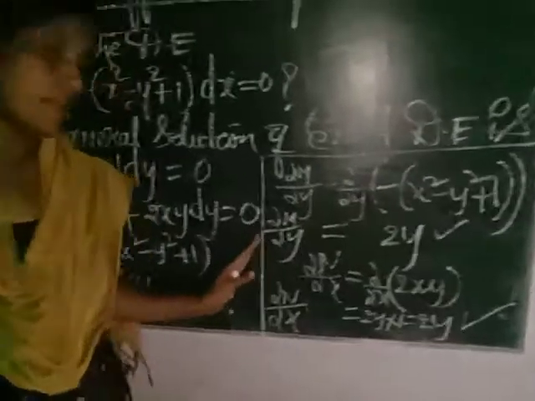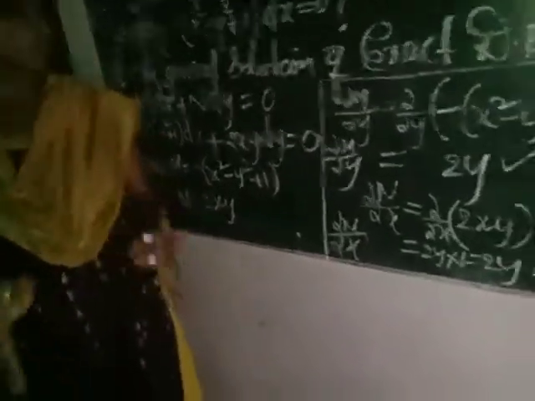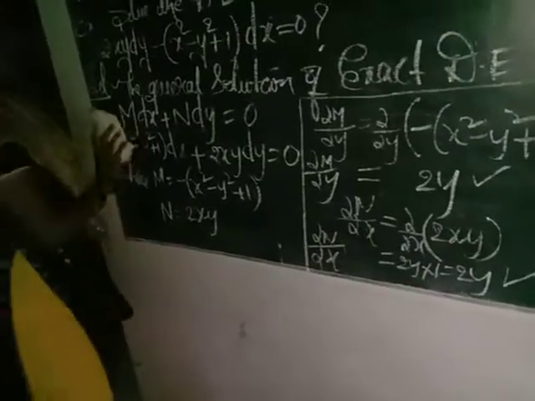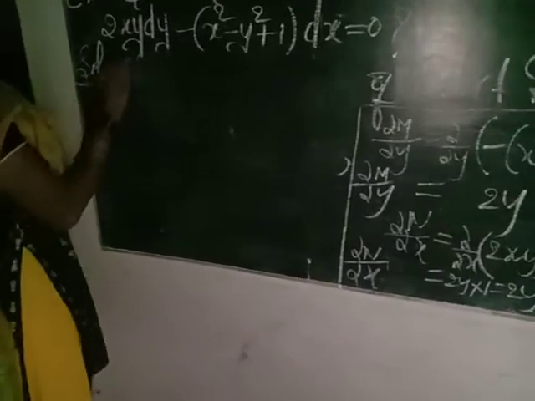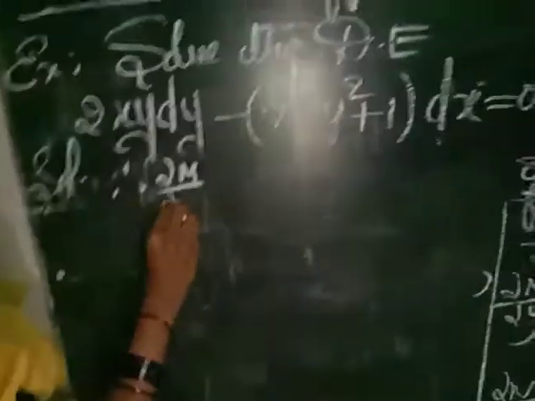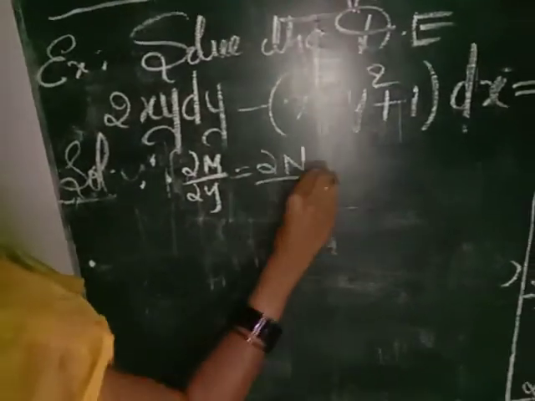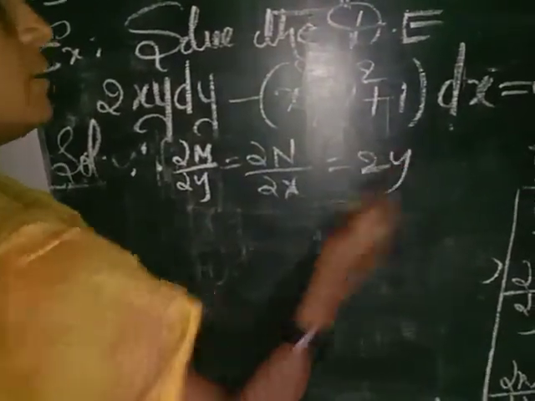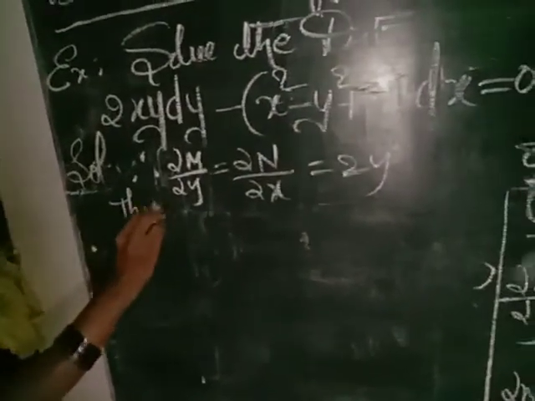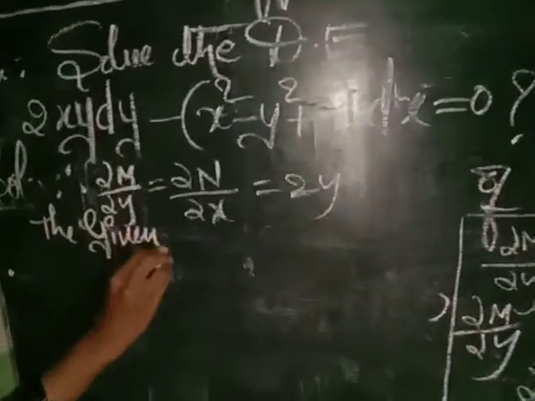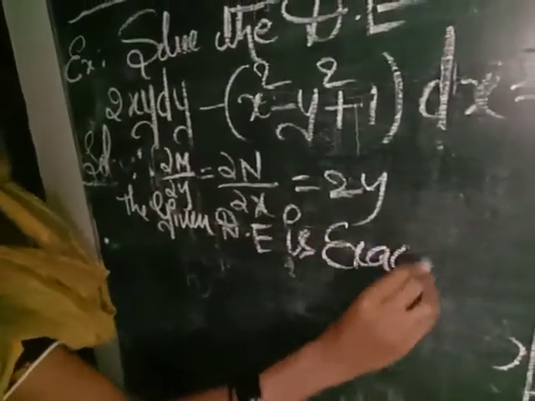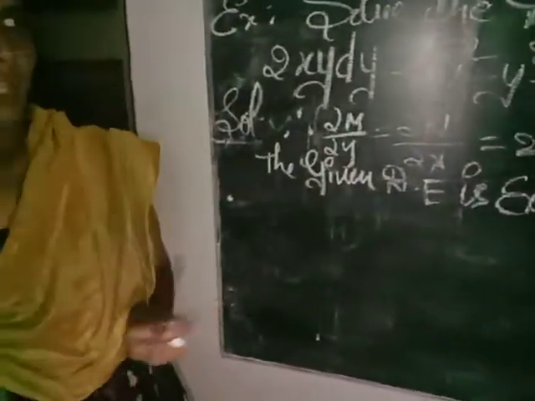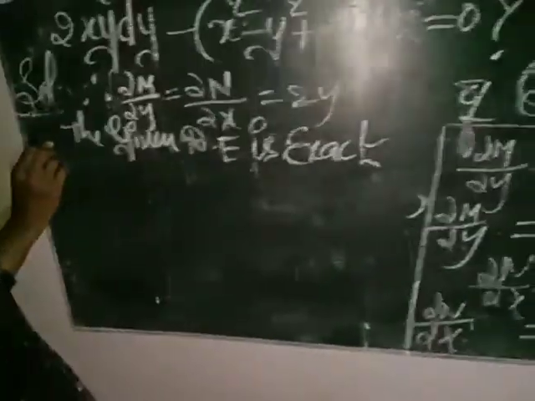Both answers are the same, so dou M by dou y equals dou N by dou x. Therefore the given differential equation is an exact differential equation.